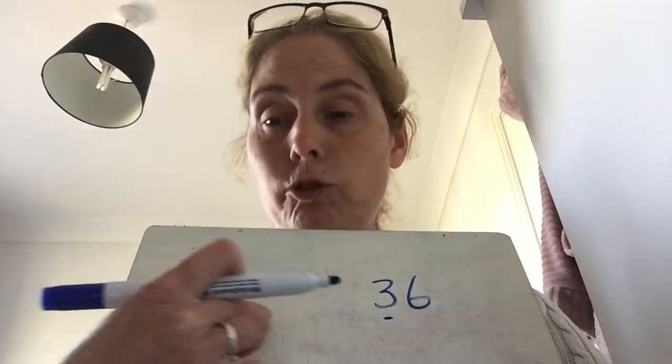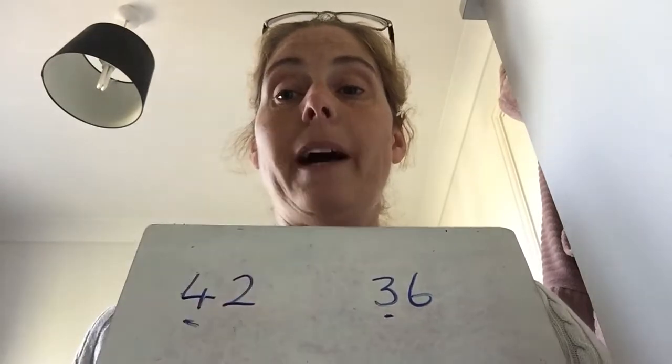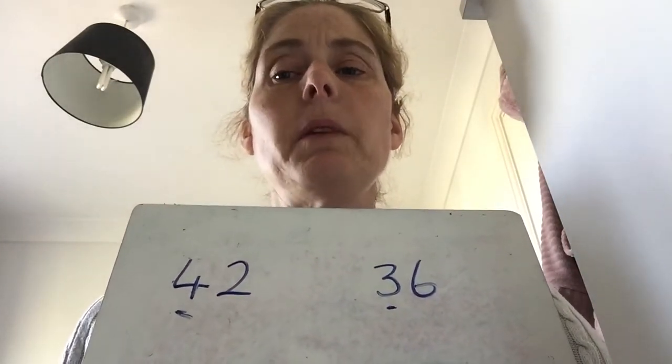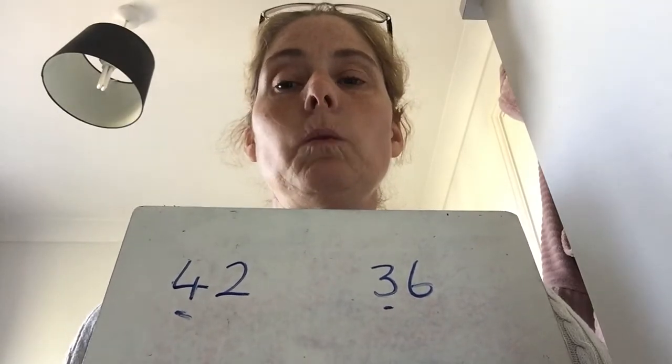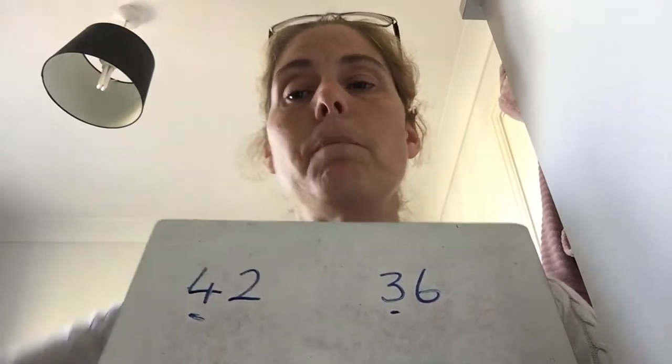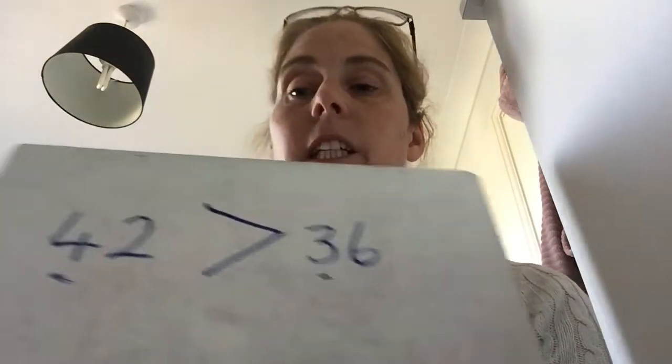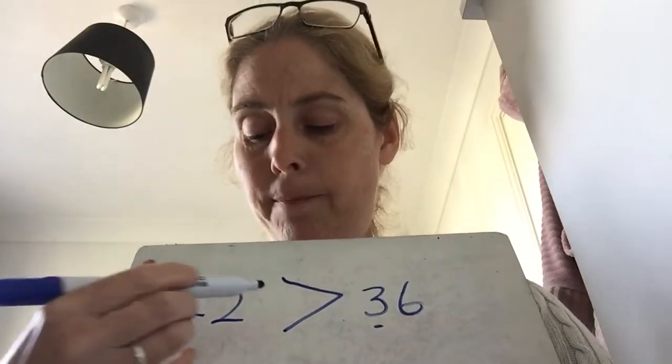So if I was to draw the crocodile mouth between these two numbers, which way would it be facing? Which number would the mouth be open to? Let's have a look. I'm going to put it in. There it is. Can you see his mouth?